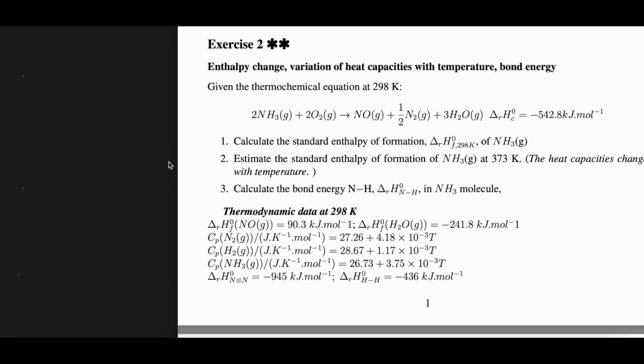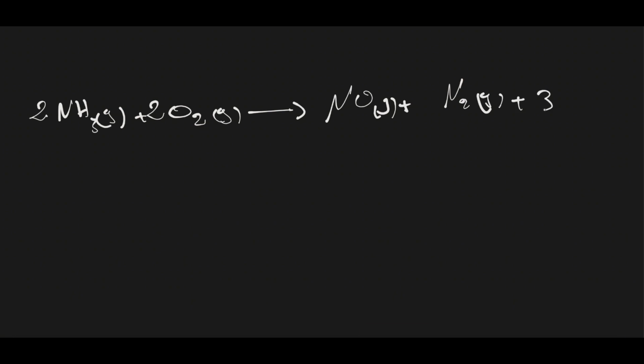So we first start by writing this equation. Now the standard enthalpy of reaction is given by the standard enthalpy of combustion, which is in this case delta H°C for combustion.